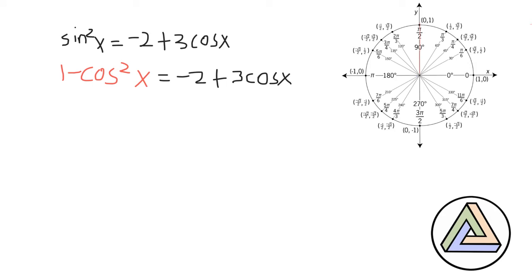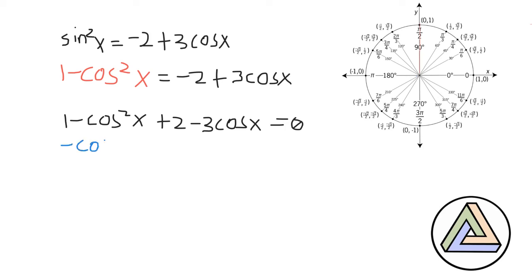And at this point, once again, we have an opportunity to set it up as a quadratic trinomial. So we could add 2 to both sides and subtract 3 cosine x from both sides. We'll keep the 1 minus cosine squared in front for now. That would give us plus 2 minus 3 cosine x equals 0. Putting all of this on the left-hand side in order, we would end up with negative cosine squared x minus 3 cosine x plus 3 equals 0.